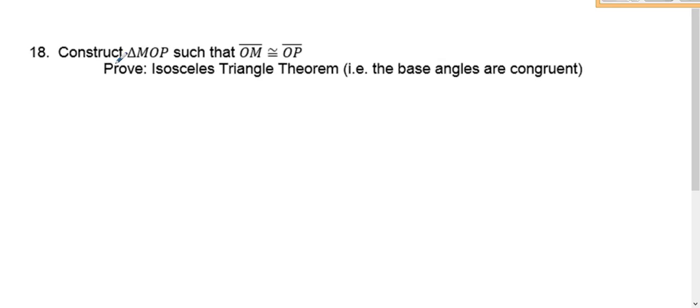We're going to construct a triangle such that OM is congruent to OP. That means it's going to be an isosceles triangle. To construct an isosceles triangle, you start with a line segment for the base. Then you get your compass.